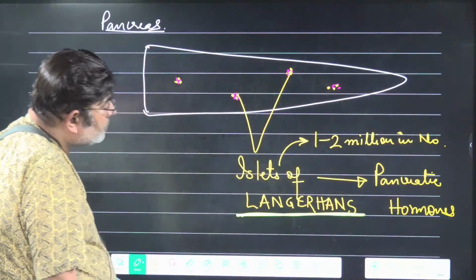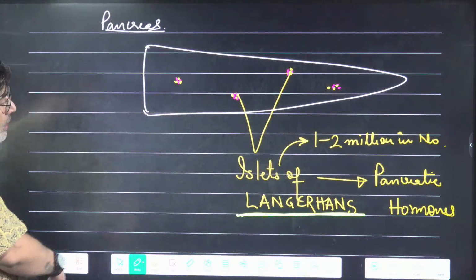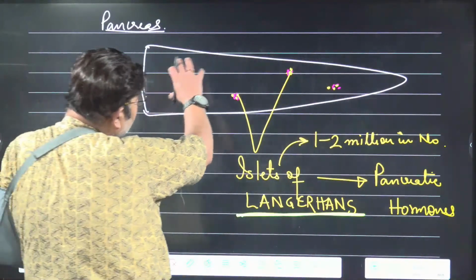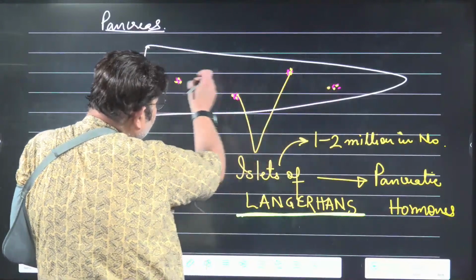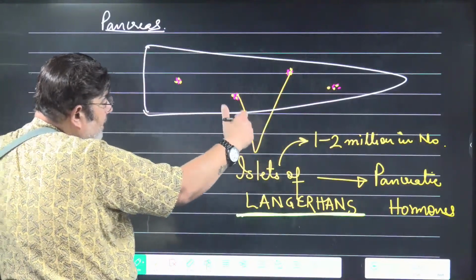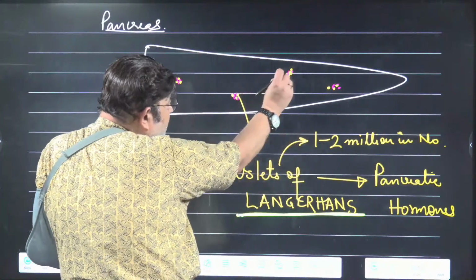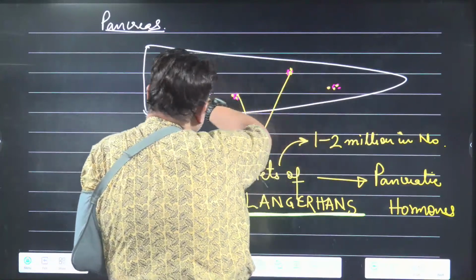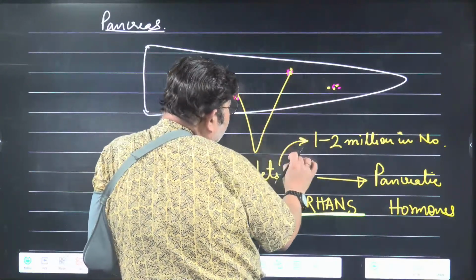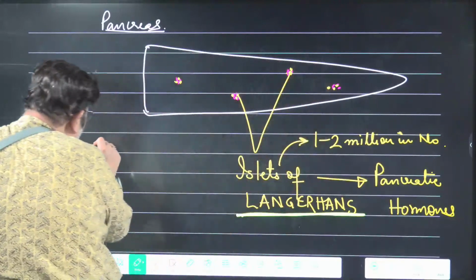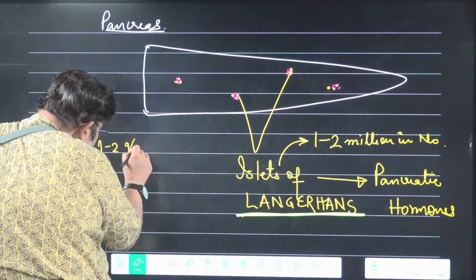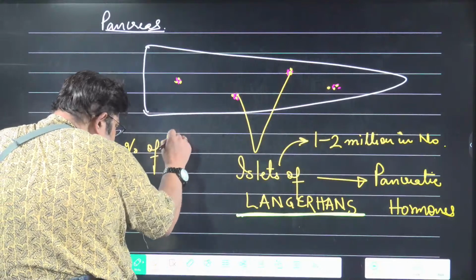Islets are one to two million in number, but in comparison to the large amount of exocrine tissue, you can see the endocrine tissue is very small. It constitutes a very small quantity. These islands comprise 1 to 2% of the total pancreatic tissue.